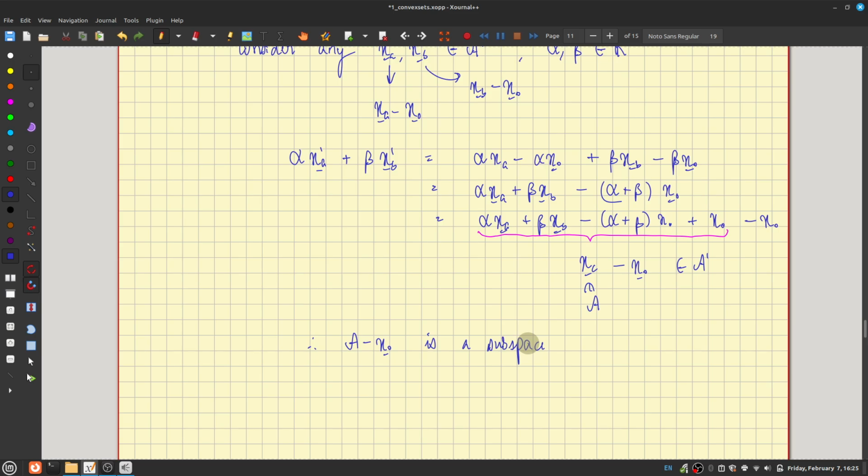So this is a concrete justification for the fact that every affine set can be written as some translate of a subspace. Similarly, if you take any subspace and shift all of the elements by a single, arbitrary vector, that will also give you an affine set.